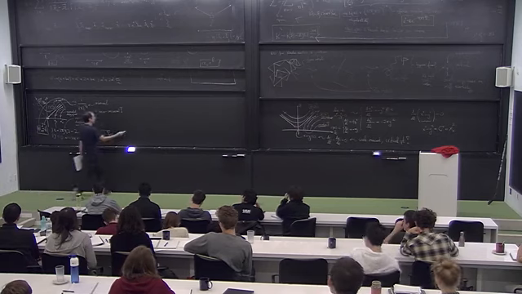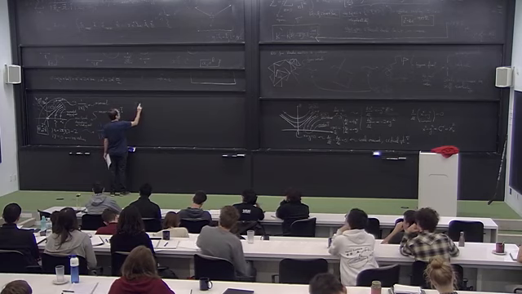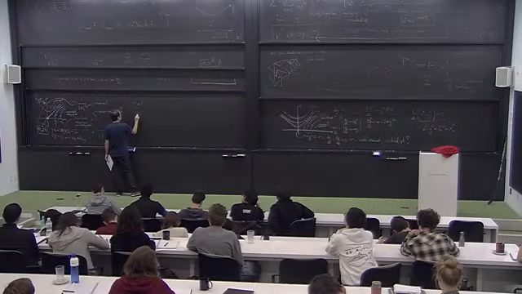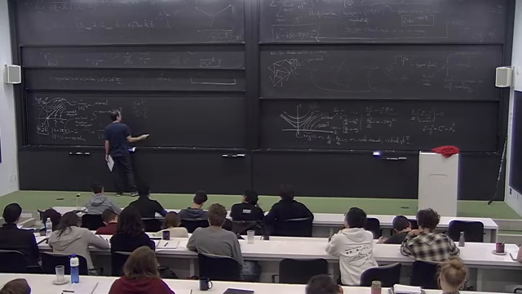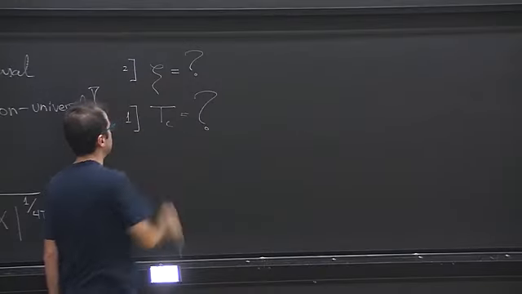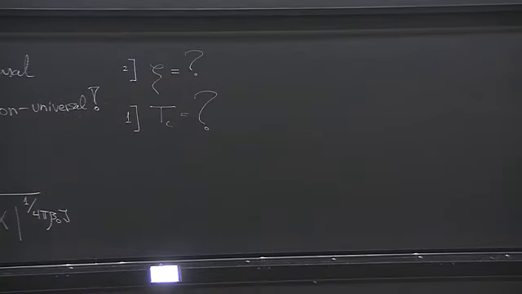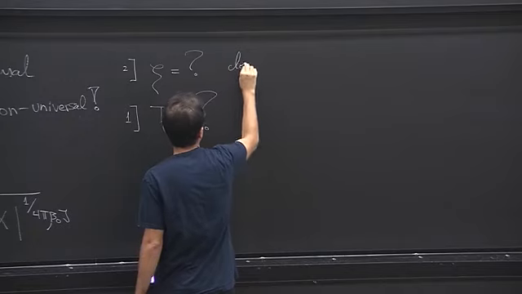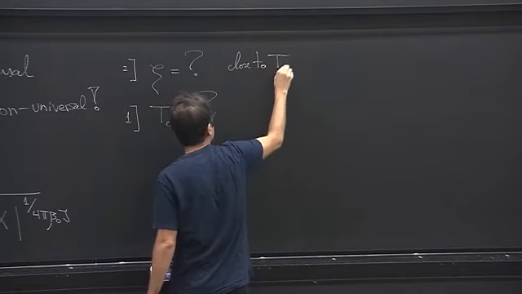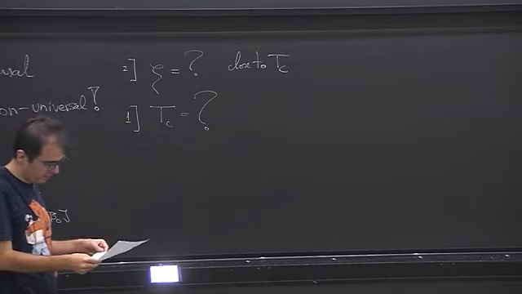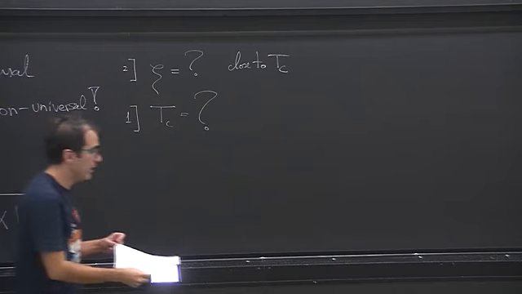Let's try to ask, what is psi? But before, we could ask, what is the critical temperature? This is the first question I want, and the second question I want to understand is what is psi close to the critical temperature. The first question is, what is the critical temperature?